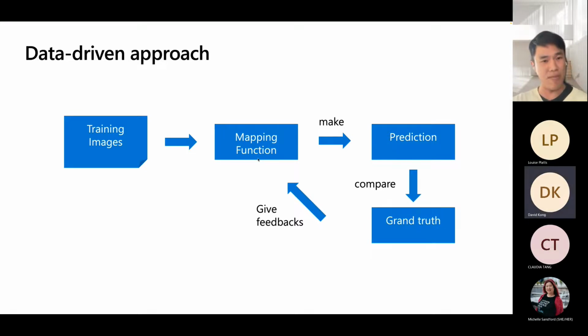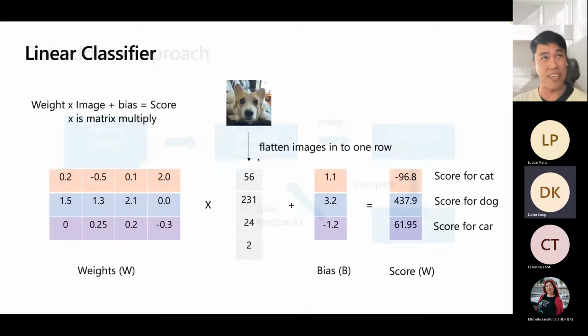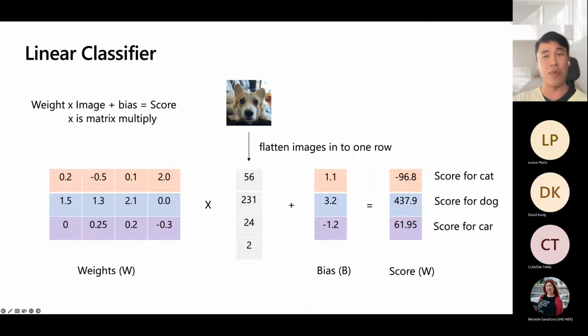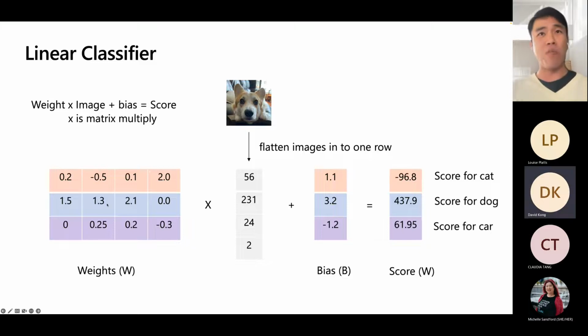One of the very classical mapping functions is the linear classifier. For example, for the sake of simplicity, we have this image here, but we just count it as having only 4 pixels. And then we have a set of weights. What it is doing here is a very simple matrix multiplication. You still remember that? So we will slowly go through the steps.